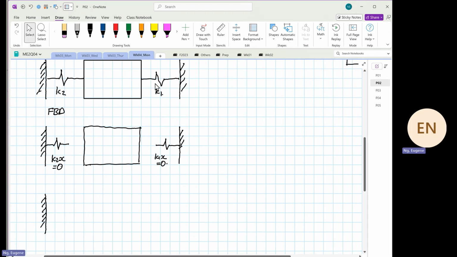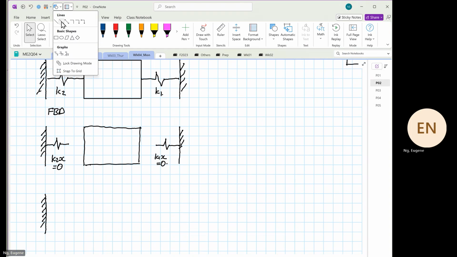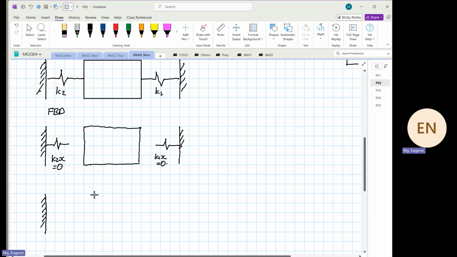Okay, we are now going to move this towards the right. Can you see it's been moved towards the right? And it's been moved towards the right by a distance of what? A distance of x. Okay.